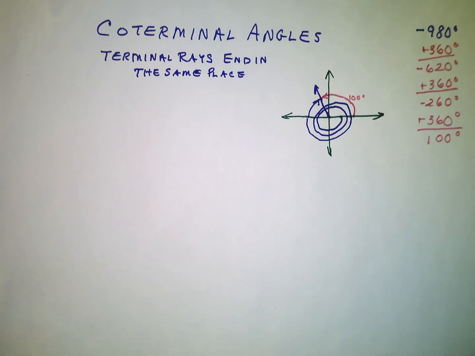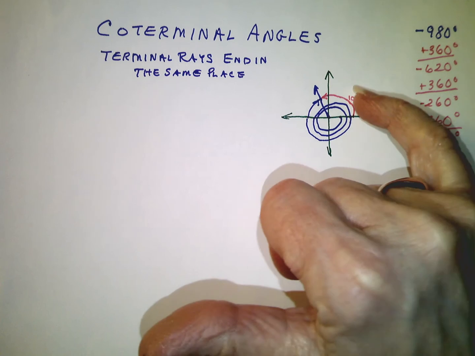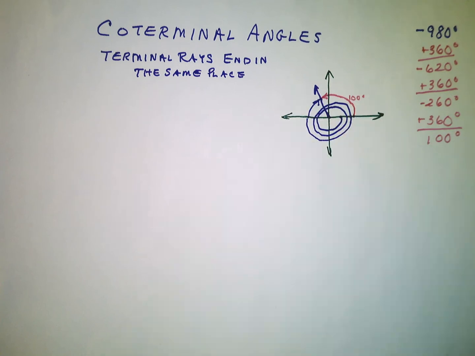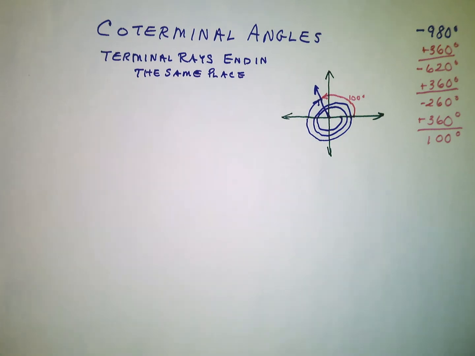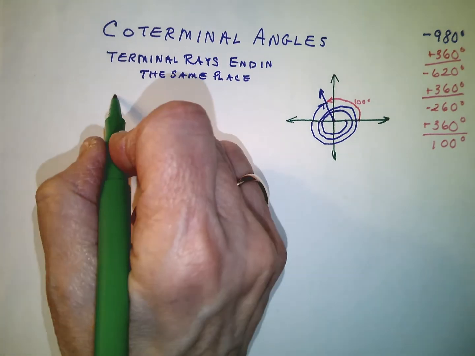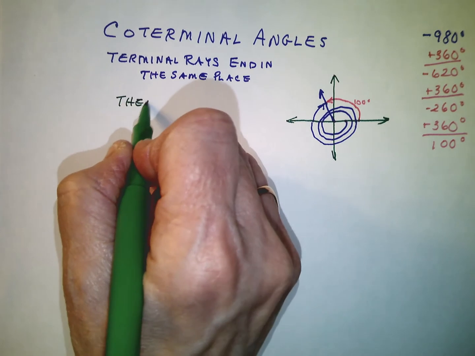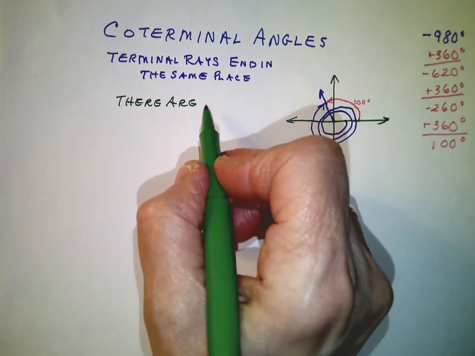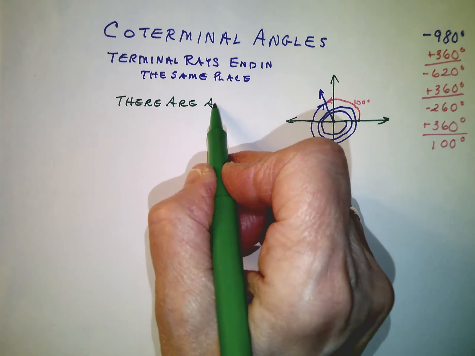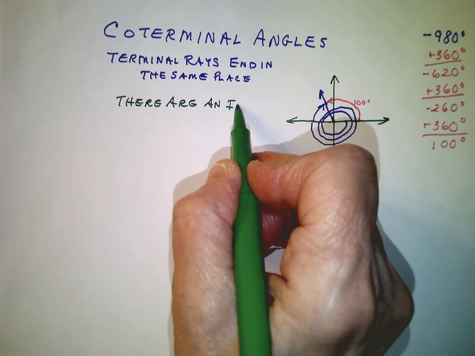The amazing thing is that for every single location around the unit circle, there are an infinite number of coterminal angles. And like most mathematics, they're going to have a formula for that.